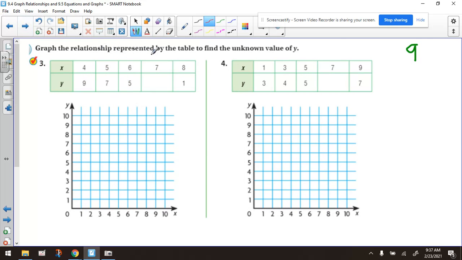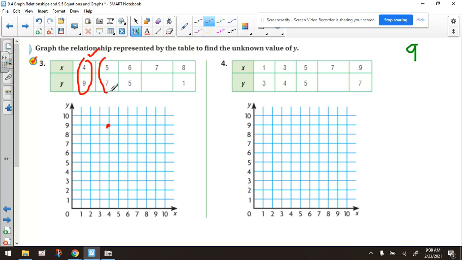It says graph the relationship represented by the table to find the unknown value of y. So we have to figure out this number right here, and we can use the other points to help us figure that out. But we can also just identify the fact that there's a pattern there. That would be another way to do it. All right, but if we start plotting, let's plot this first. We're going to go over 4 and up 9, which would go here.